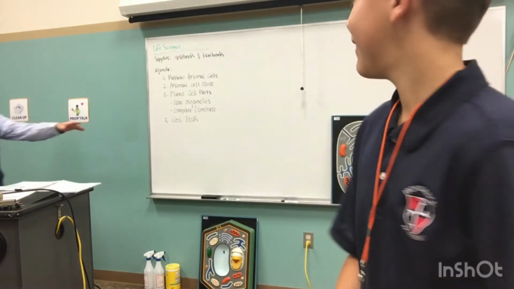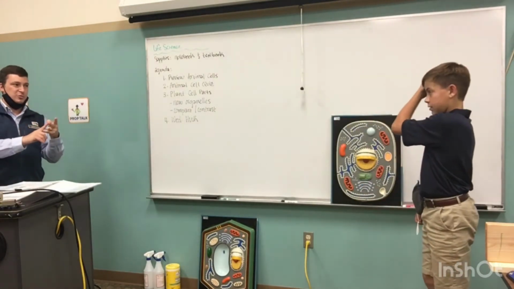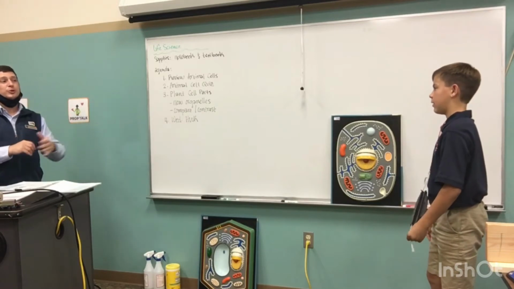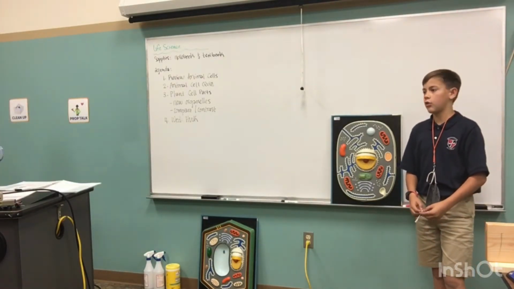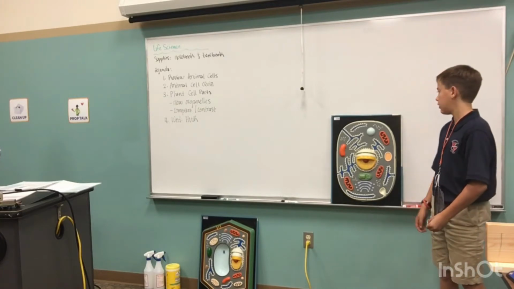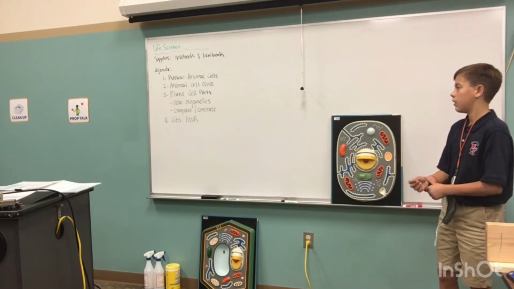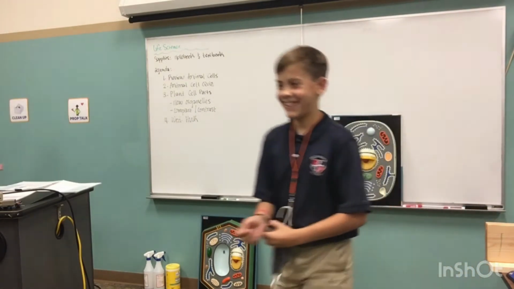All right, so you told us about the nucleus and the chromosomes, right? So what does the nucleus do? The nucleus is the brain of the cell. It's the control center. It can tell what can come in and out of the cell membrane and stuff like that. Oh, yes, it's like the brain, isn't it? That's the nucleus. Okay. Give it up for Tyler. Good job.